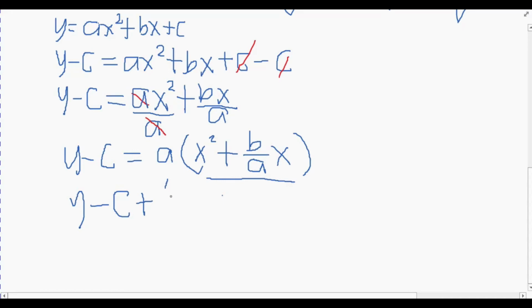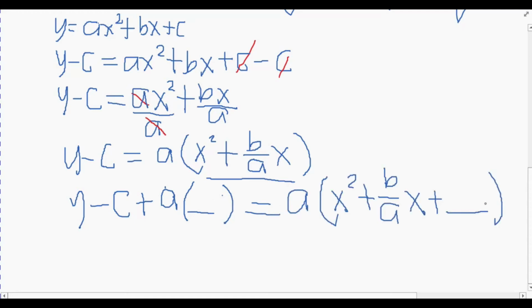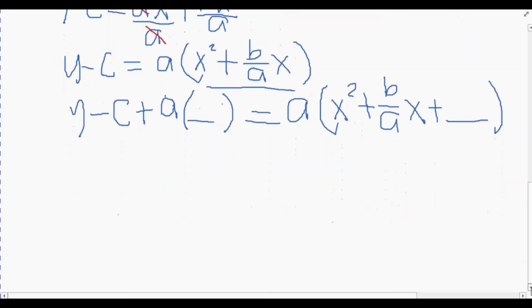So whatever value we add to the right side of the equation, that is also the value that we're going to add at the left side of the equation. So we will leave a room here for whatever value we add at the right side.